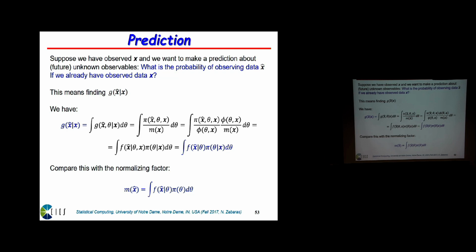Very easy to remember. What is the probability of X hat given theta? It is the likelihood of X hat. And what is P of theta given X?